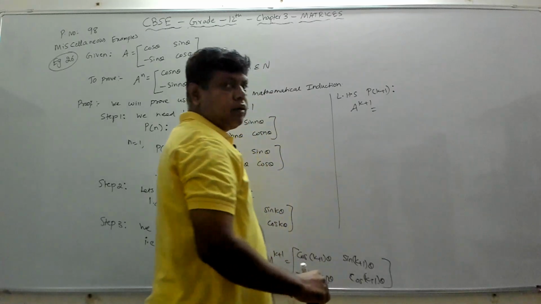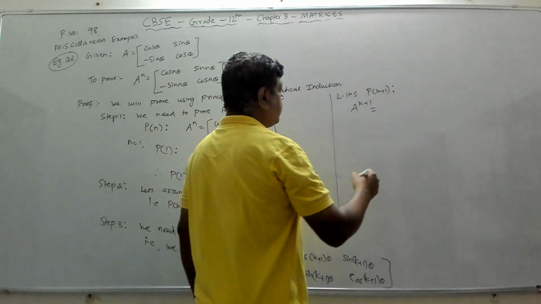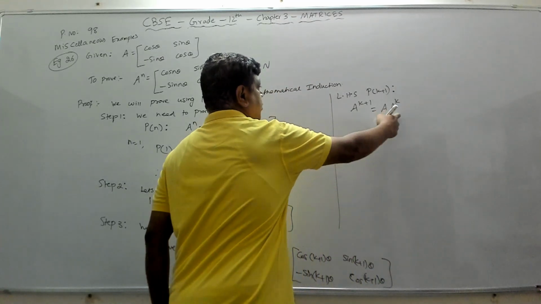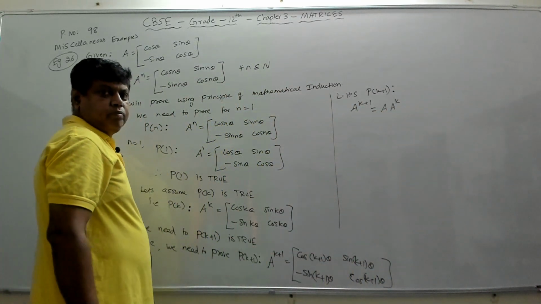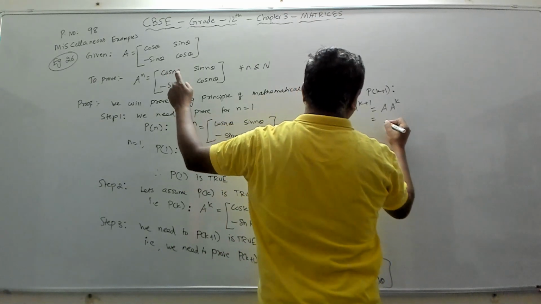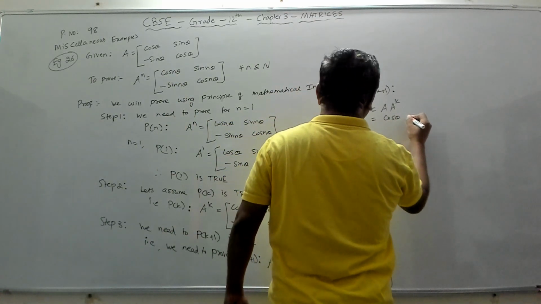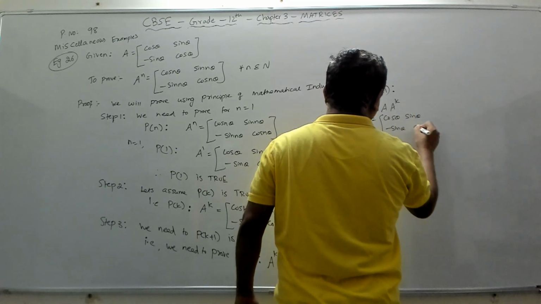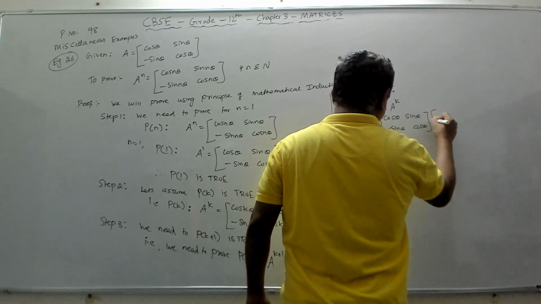A power k plus 1 can be written as A into A power k. But what is A? A is [cos theta, sin theta; minus sin theta, cos theta] multiplied with A power k.